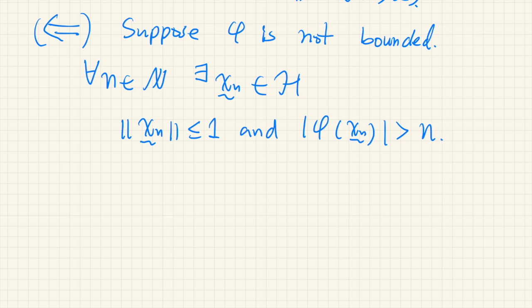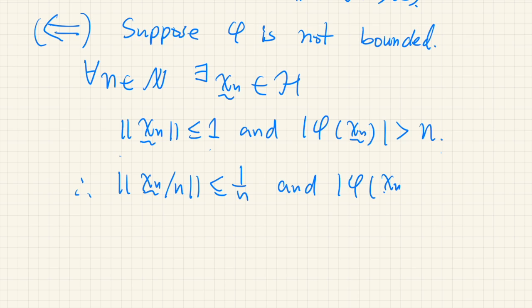Now, let's divide both sides of both of these expressions by n. Then we have the norm of xn over n is less than or equal to 1 over n. And since it's a linear functional, the absolute value of phi of xn over n is greater than 1.